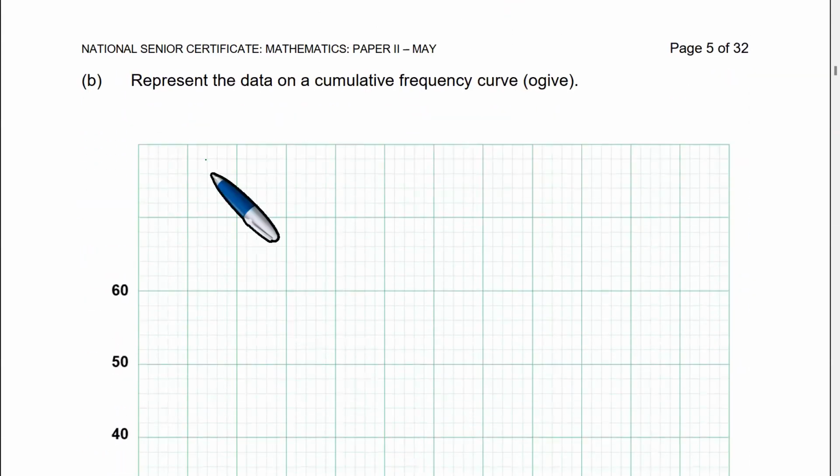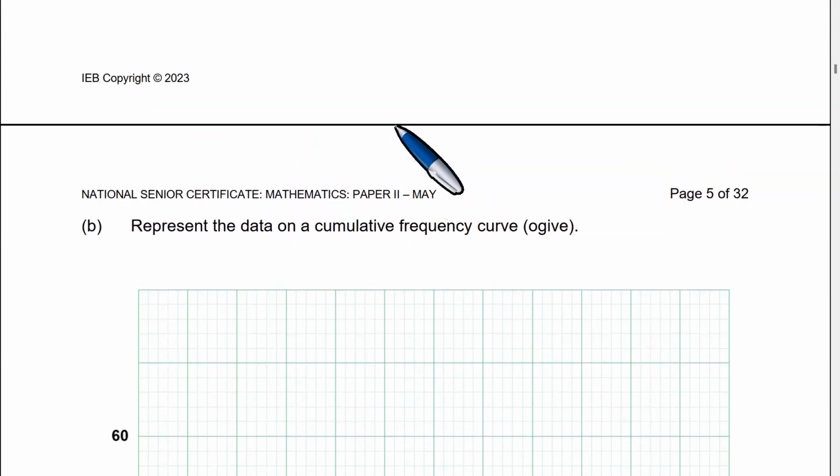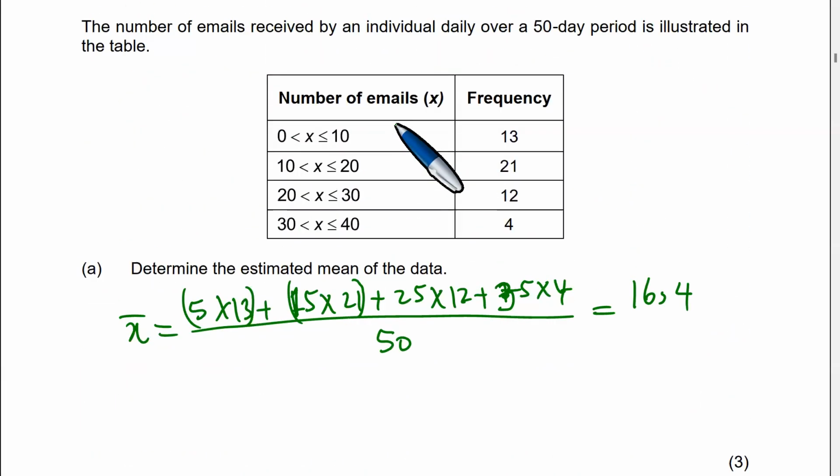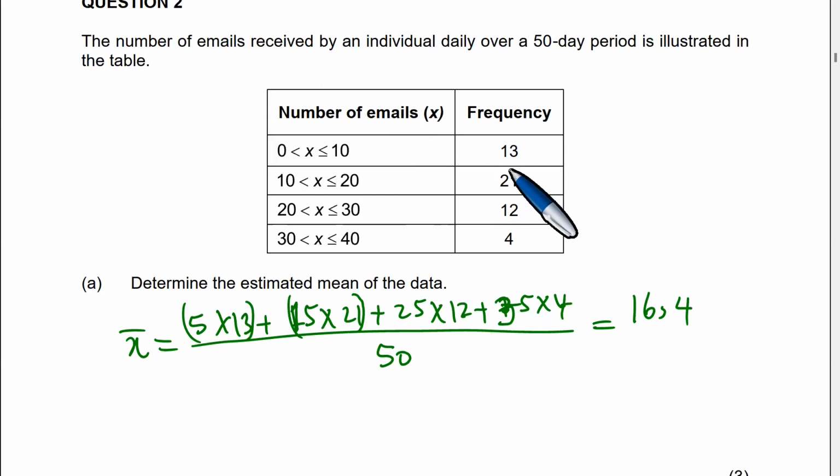Represent the data on a cumulative frequency or give. Right, so we have the data that's given, but let's represent it on a cumulative frequency or give. You have the frequency that is actually sitting at 13. And obviously, when you have to do your ogive, you need to extend this and do a cumulative frequency.